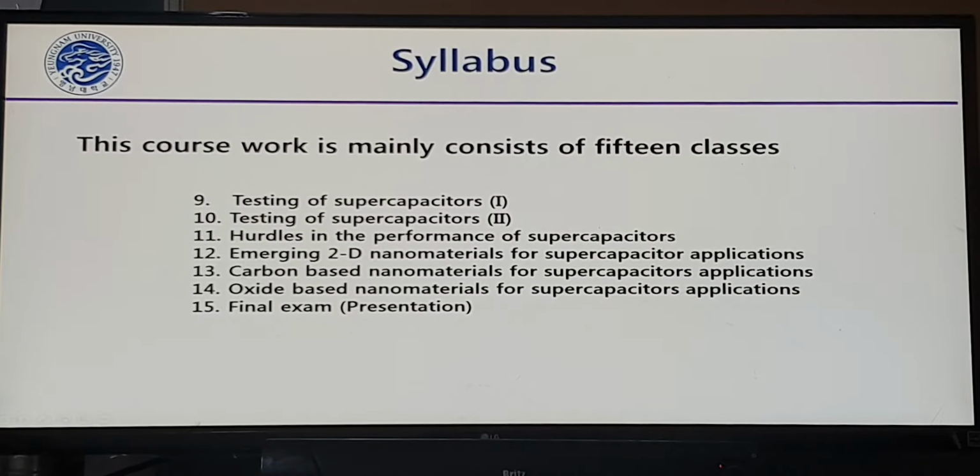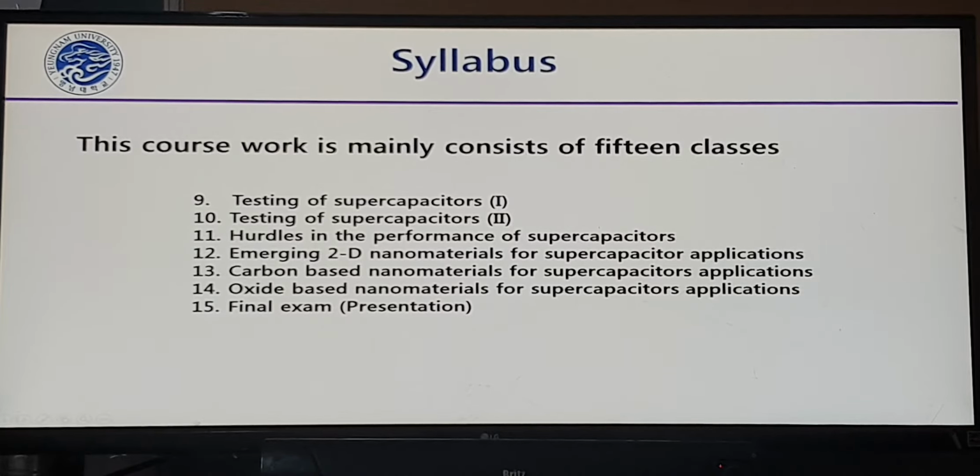This topic also takes two classes, and then hurdles in the performance of supercapacitors, emerging 2D materials, 2D nanomaterials for supercapacitor applications, carbon based nanomaterials for supercapacitor applications, oxide based nanomaterials for supercapacitor applications, and the final exam.